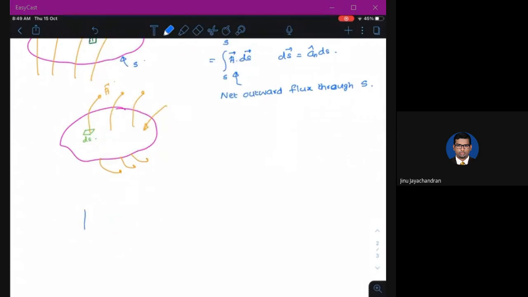Okay, so if you have a volume, assume that there is a cube, and the volume integral is given by rho v dv. Okay, so rho v is some kind of a scalar.